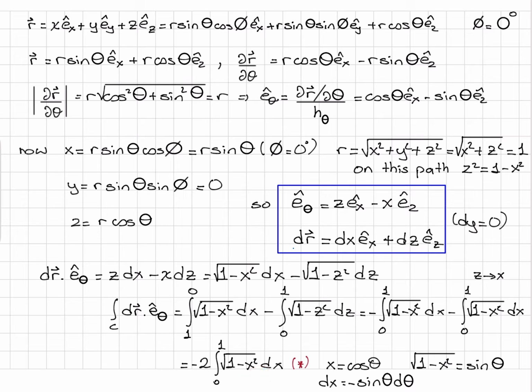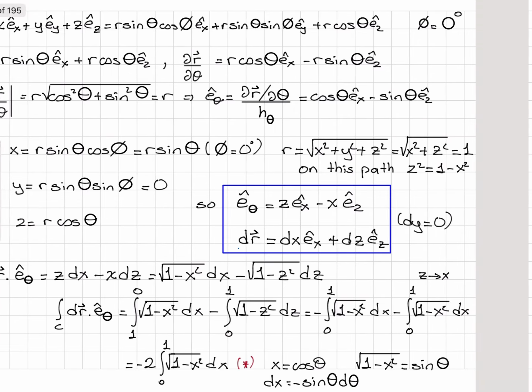If I call x cosine theta, dx is minus sine theta d theta, and square root of 1 minus x squared is sine theta. 1 minus cosine square theta, square root is sine theta. So I will obtain minus sine square theta d theta for this one.